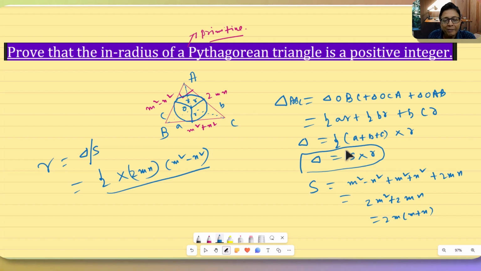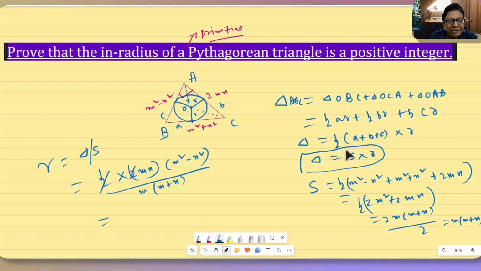So the semi-perimeter is half of this, that is m into m plus n. Put m into m plus n over there.